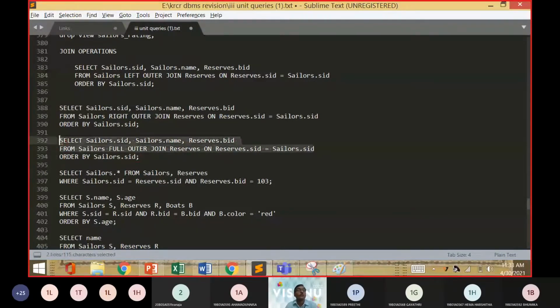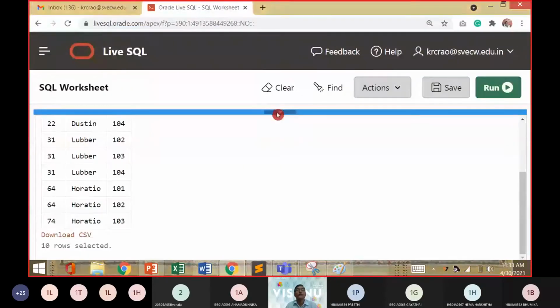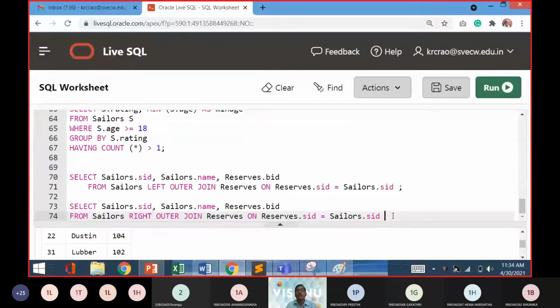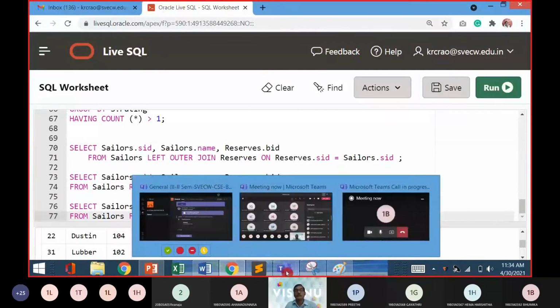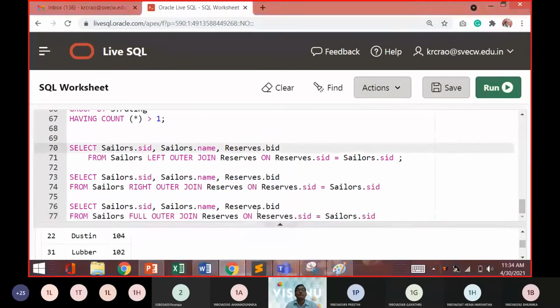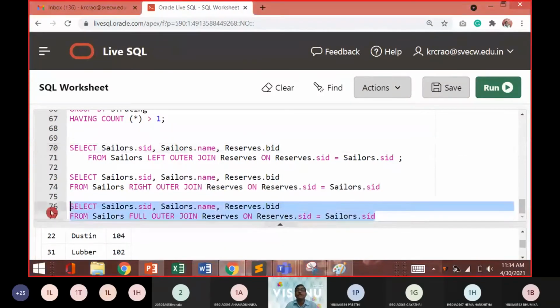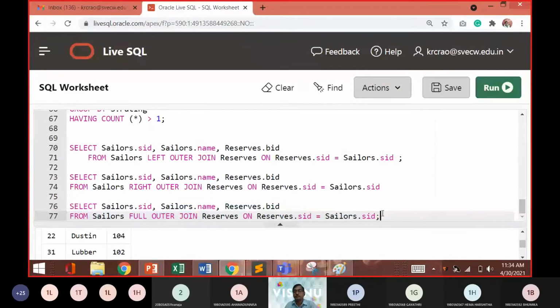What happens if we are going to use a full outer join? Earlier it was left, then it was right. Now we are working with the full outer join.